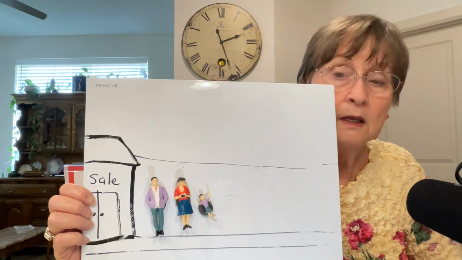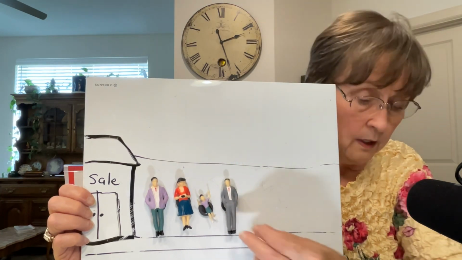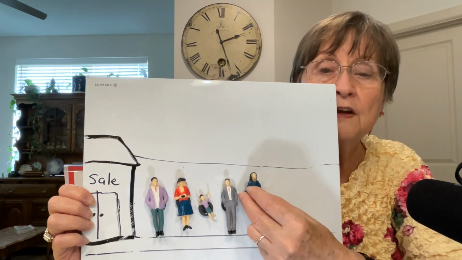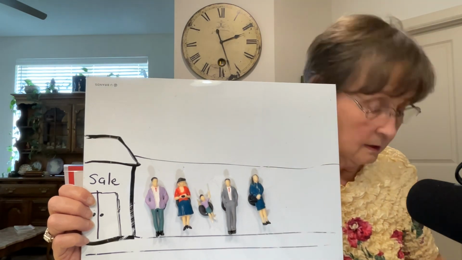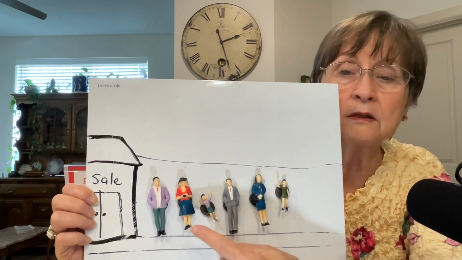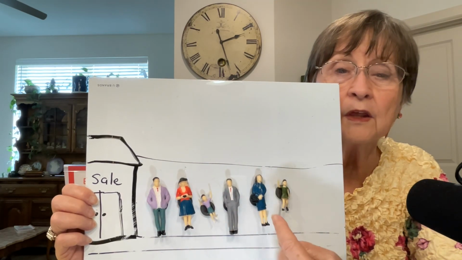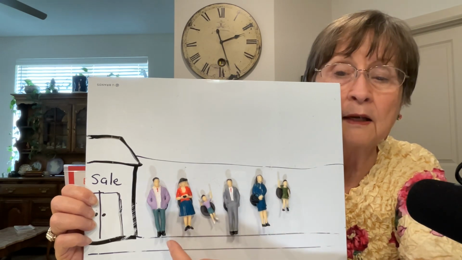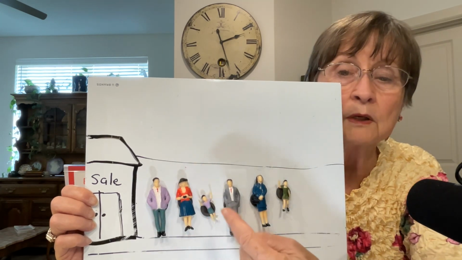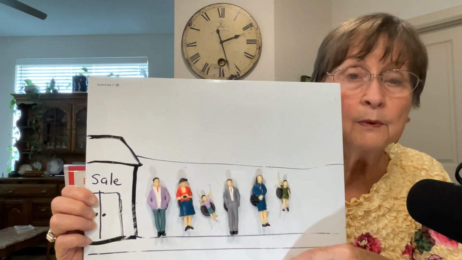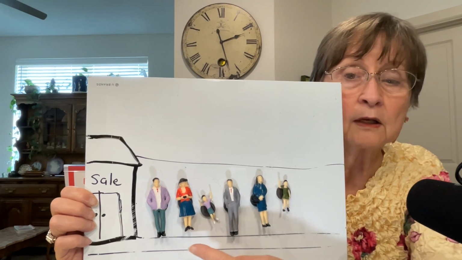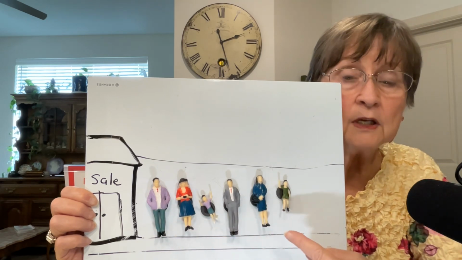Then he is fourth in line. And then she is fifth in line. And this person is sixth in line. If you count the people, there are 1, 2, 3, 4, 5, 6 people. But if you're telling the order of the people, it's first, second, third, fourth, fifth, sixth.